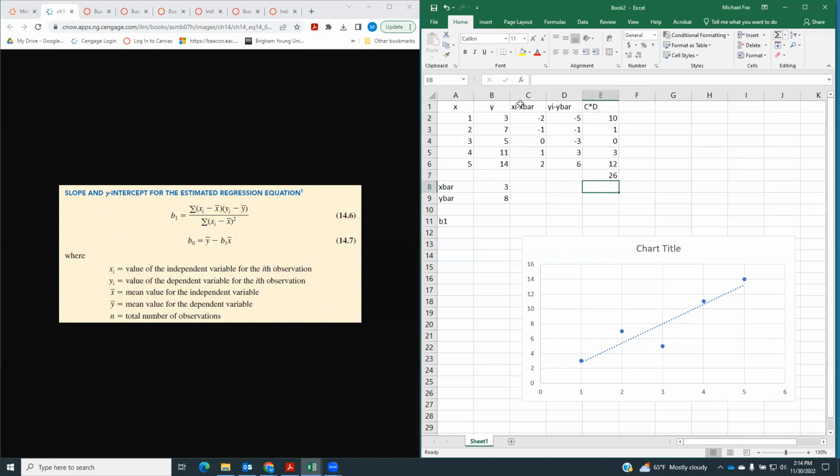One more thing I have to do is, you can see that the denominator of this is the sum of xi minus x bar squared. So I have xi minus x bar. So if I do xi minus x bar squared, so I'm just going to take the value of C2 and square it.